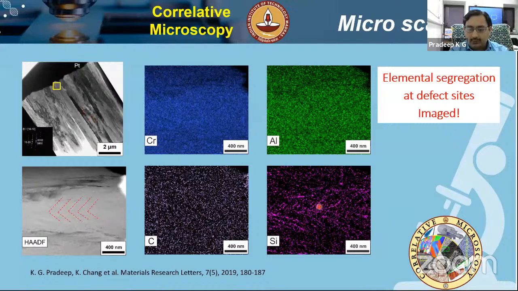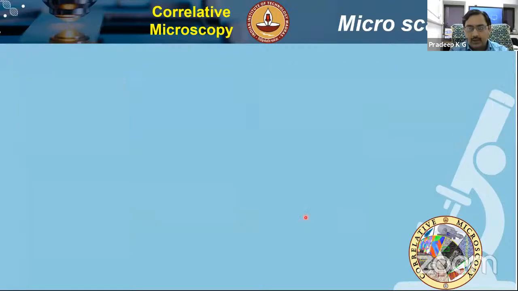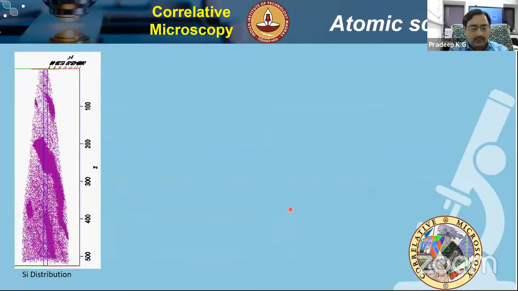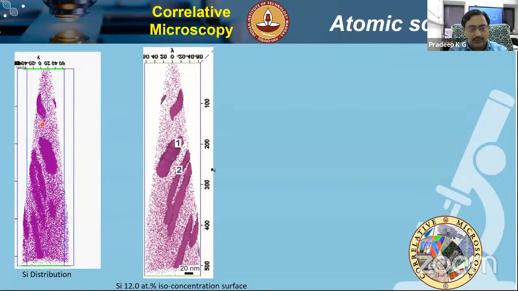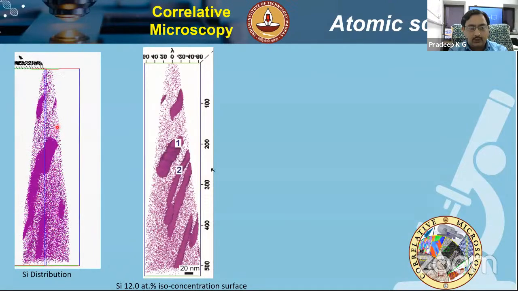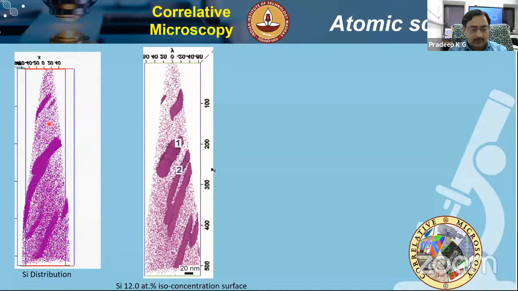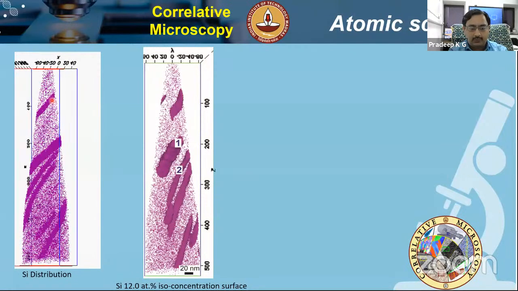So now we are interested to see what happens to these kinds of segregations if we really look at them in 3 dimensions. So if you go to the atomic scale using atom probe tomography, for the same silicon segregation, you can see there are individual silicon atoms as well as accumulation of silicon atoms in certain specific positions, in the form of precipitates.